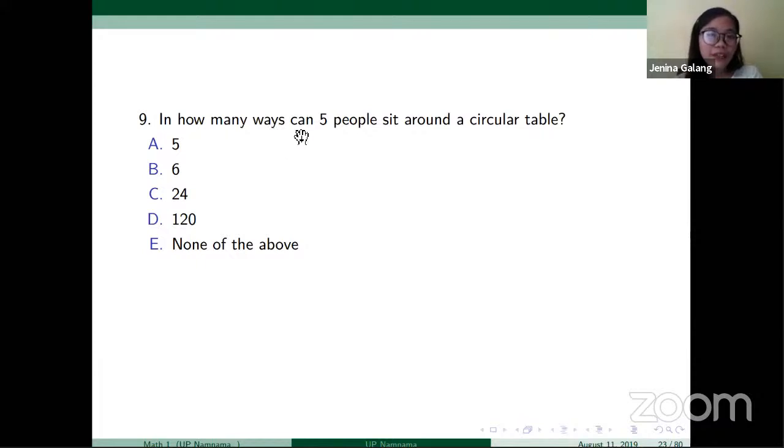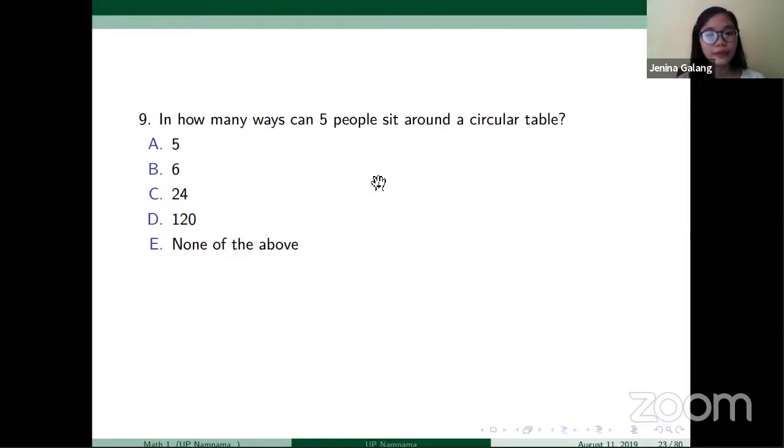So, in how many ways can 5 people sit around a circular table? So, dito meron tayong special kind of permutation. So, kapag nag-arrange tayo ng n objects in a circular manner, yung formula doon is n minus 1 factorial.